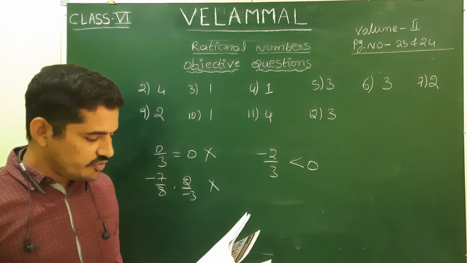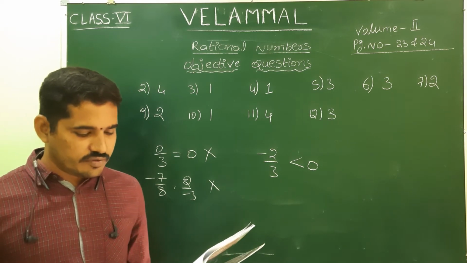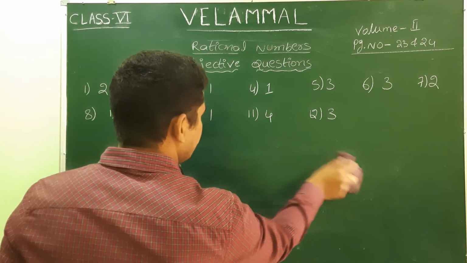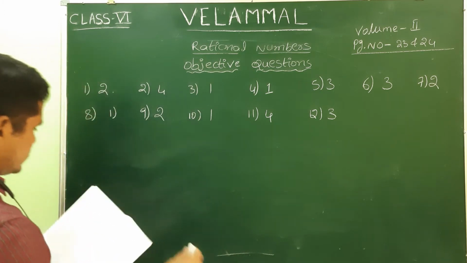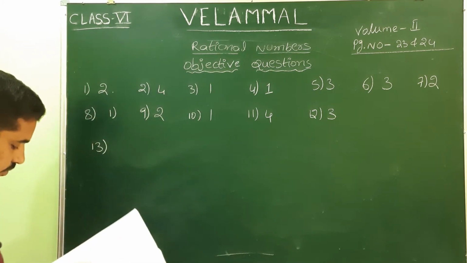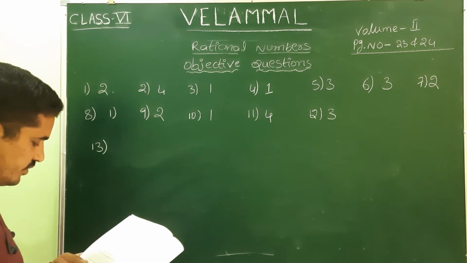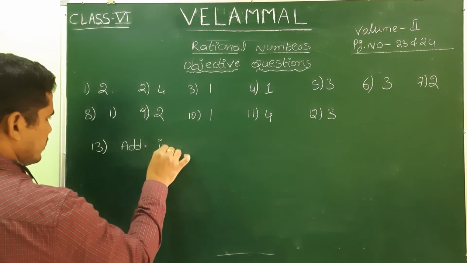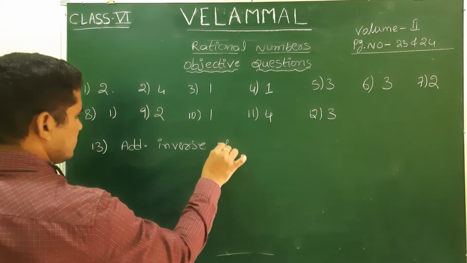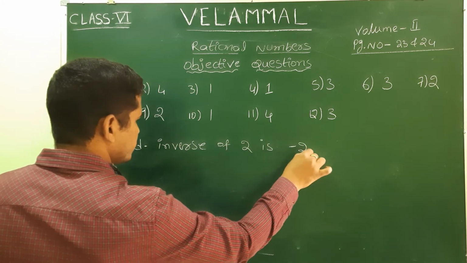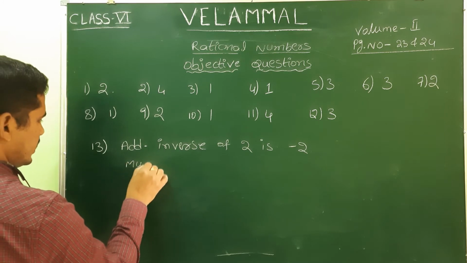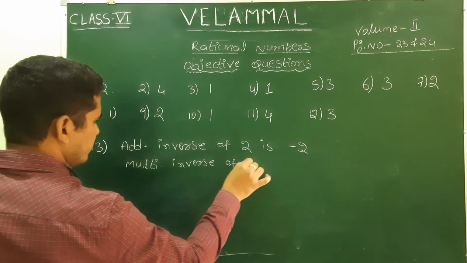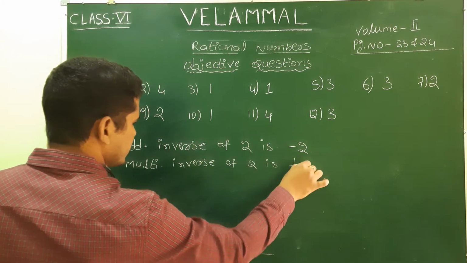Next, take the 13th question. The sum of the additive inverse and multiplicative inverse of 2 is. The additive inverse of 2 is minus 2 and the multiplicative inverse of 2 is 1 by 2.